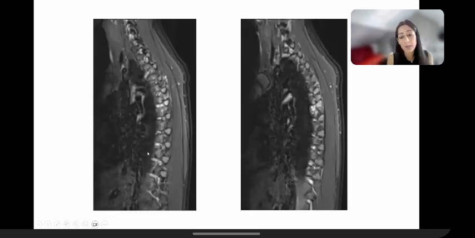Now, these are the far lateral parasagittal images, and you see there is an abnormality, right? Something is not quite right, centered at the costovertebral joint, and there's a lot of STIR signal hyperintensity, a lot of edema.